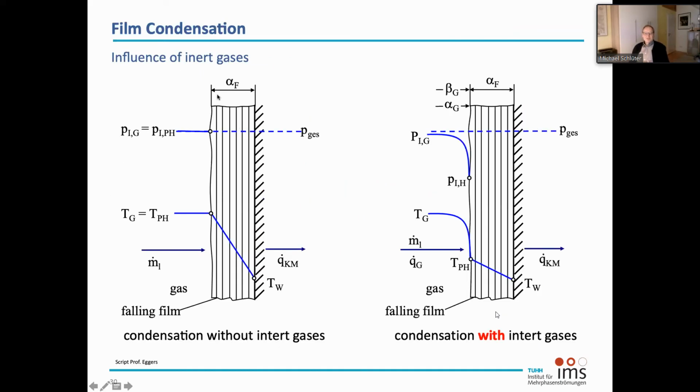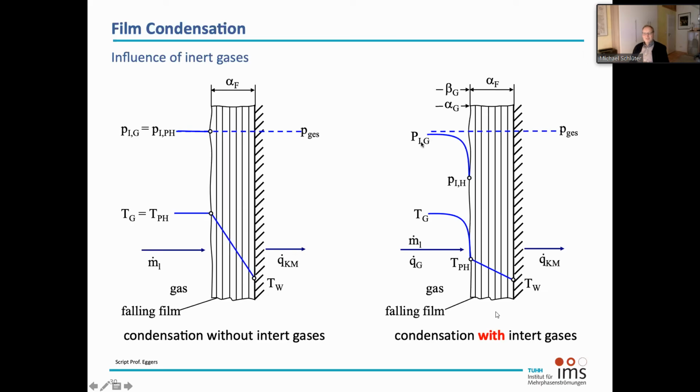Okay, and here we have once again this inert gas situation that I have already mentioned. We have the partial pressure of our steam and the partial pressure if we have inert gas. And here you see, without inert gas, we have all the same pressure, and we have a nice conduction through the liquid film.